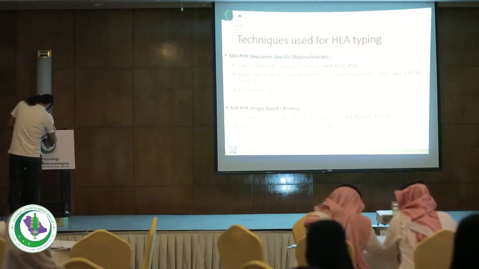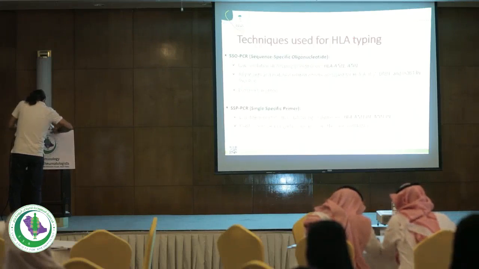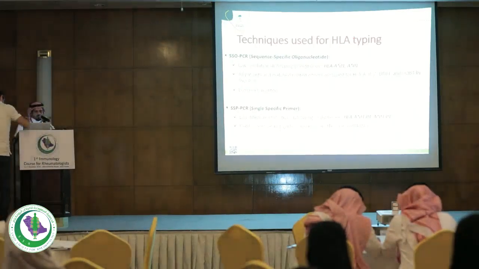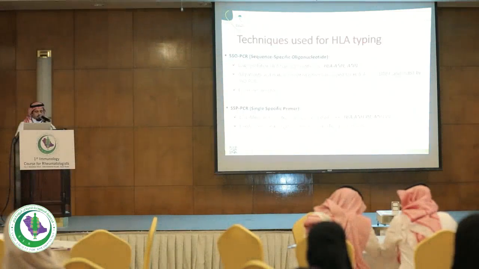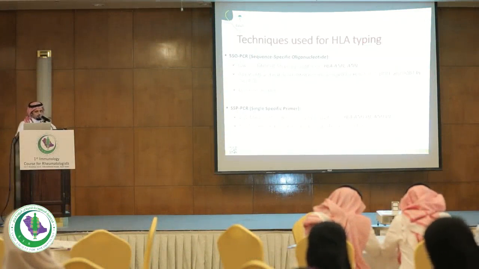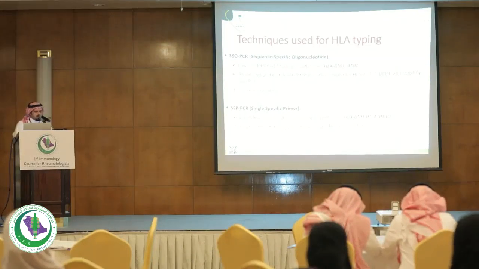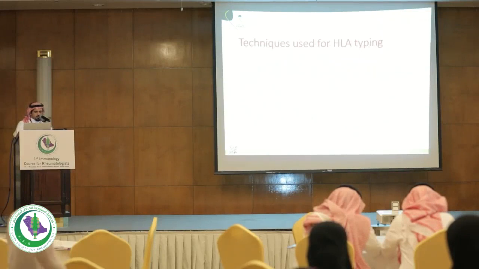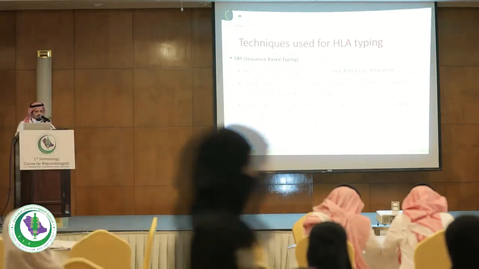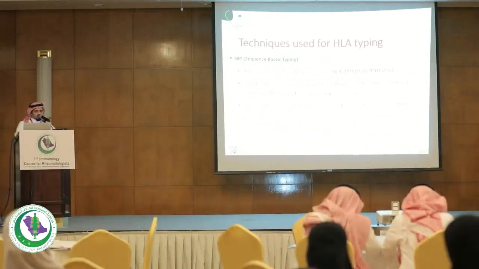Another type of HLA typing is the SSP, or sequence-specific primers. They are also considered low to medium resolution, so we can have up to 4 digits of HLA alleles. Usually they are used to resolve any ambiguous result arising from other methodologies, especially SSO. Another technique is SBT, sequence-based typing.